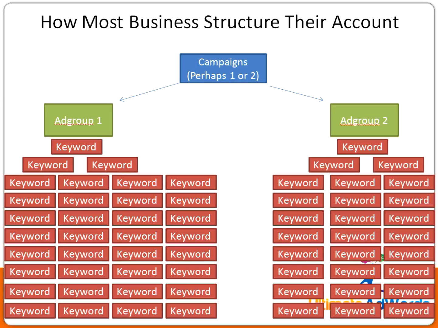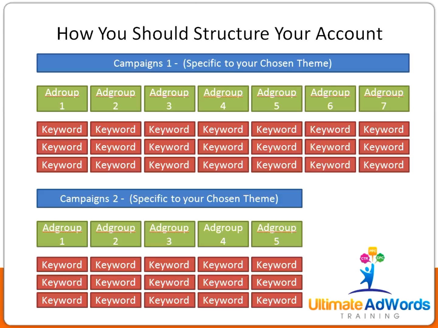So what we propose, and this is what we recommend, is to have a campaign with your selected ad groups within it, which are very relevant to the campaign subject. And within that ad group you will have just 3 keywords, maybe 4 or 5, depending if there's something very close to it.